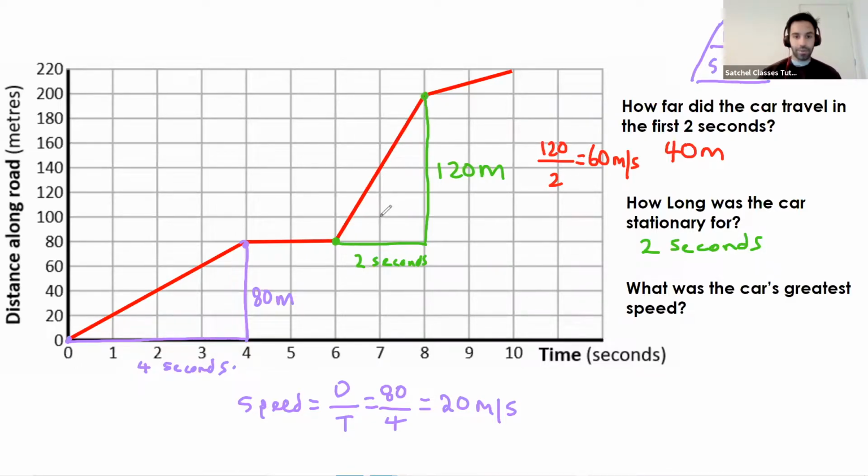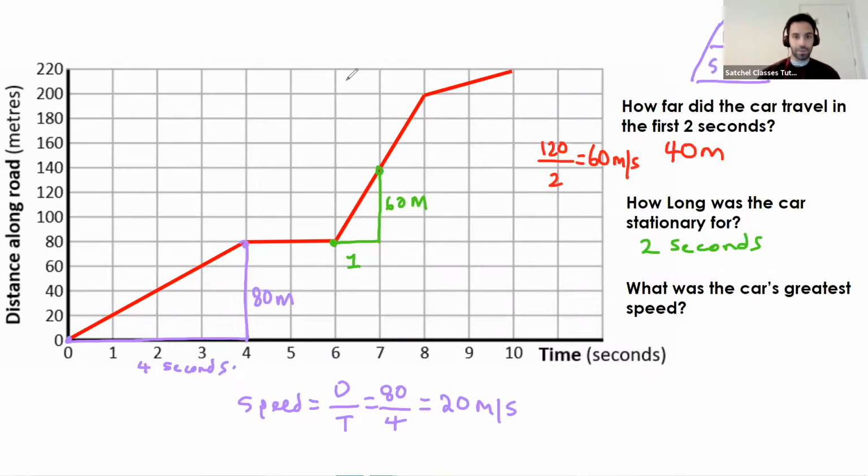So even if I was to pick two different points, the speed along this line will still be 60 meters per second. If I rub this out and pick from this point to this point, in 1 second we cover 20, 40, 60 meters. So over here, our speed is still 60 meters per second.